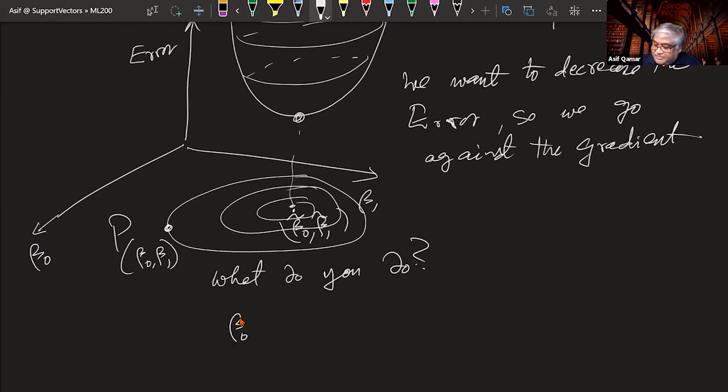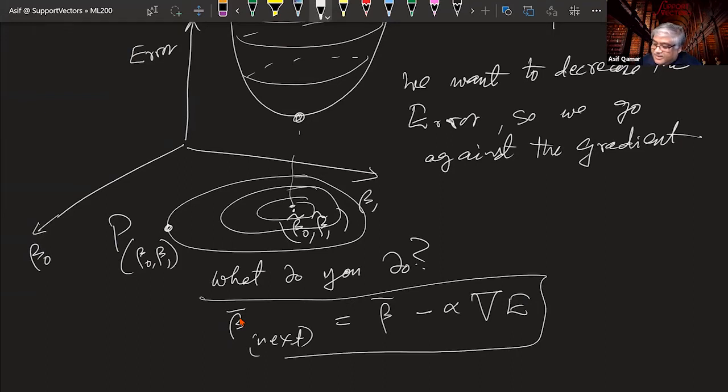You will say beta's next value should be equal to the previous value of beta minus alpha times the gradient. So in vector notation, beta next equals beta minus alpha times the gradient of the error function. This is the celebrated equation of gradient descent.